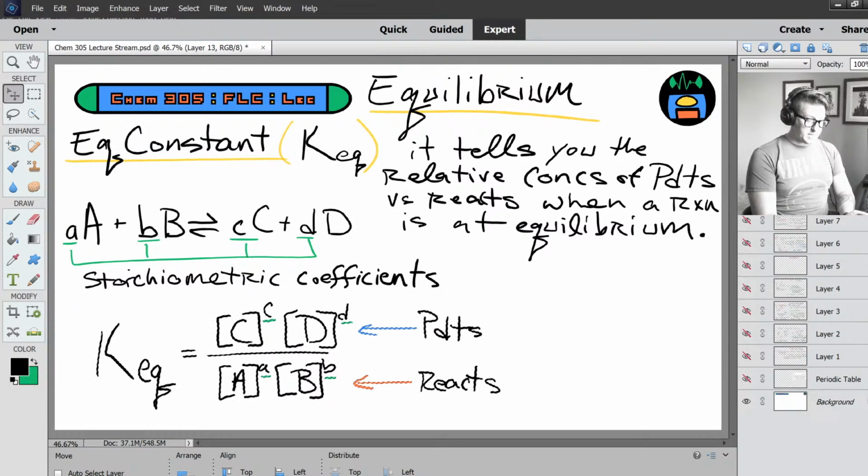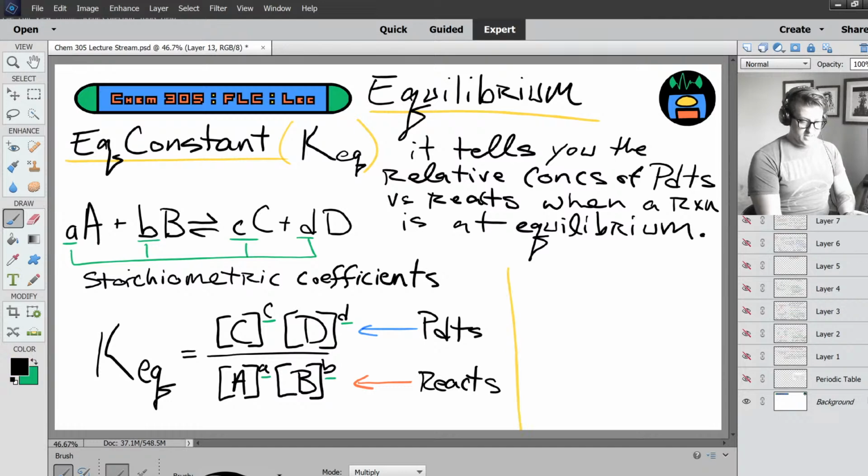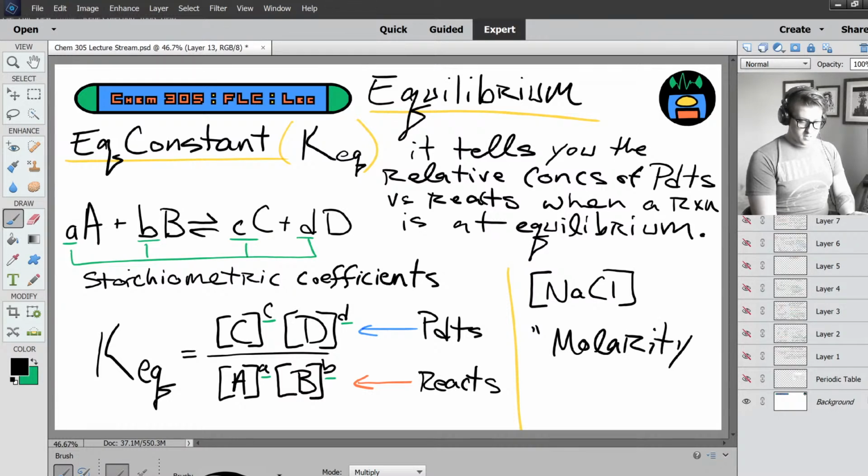And another new thing that we're introducing here is these brackets. So whenever you see something thrown in a bracket, like if you saw, for example, this, it means the molarity of NaCl.